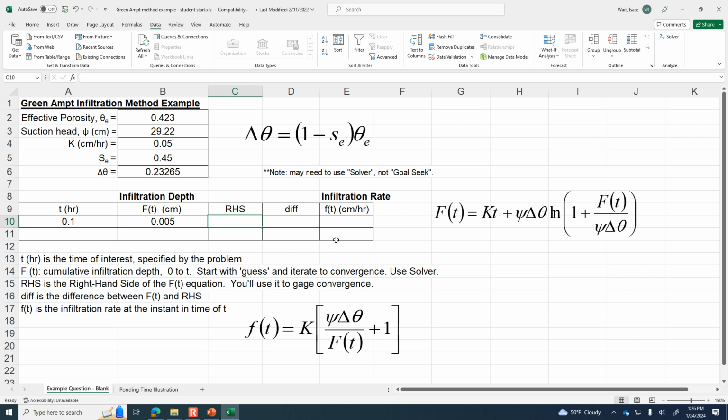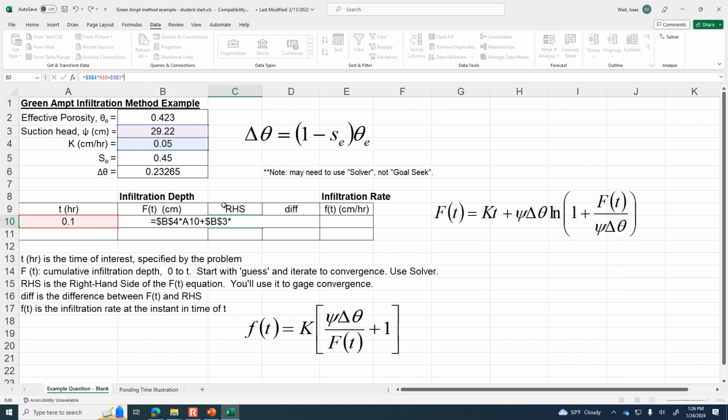Okay, so it is K times T plus the suction head multiplied by, and since I'm going to want to drag this down to the next row, maybe I should anchor any references up to these constants at the top. So I'm going to press F4 for any of the references up at the top.